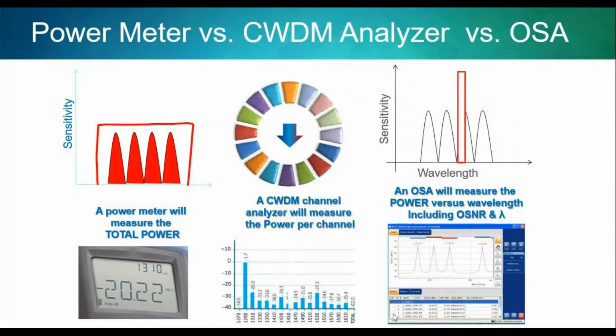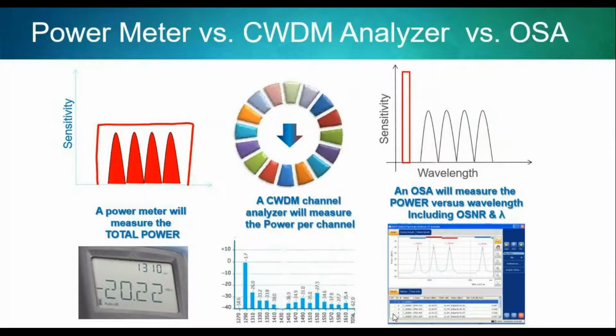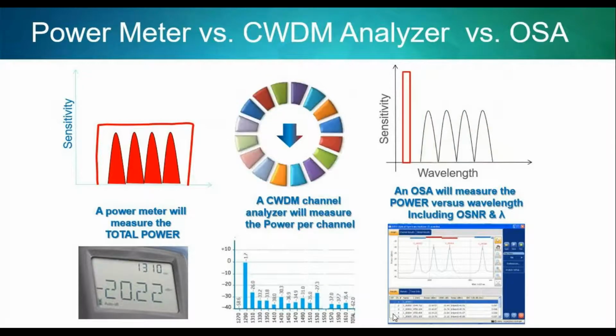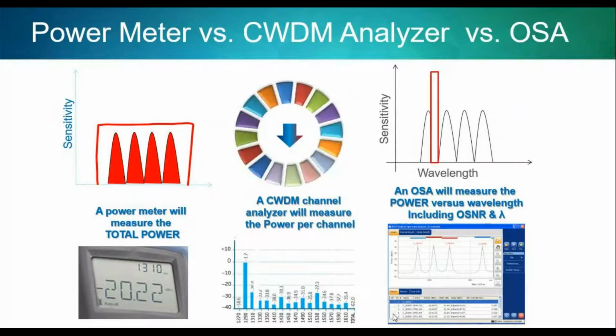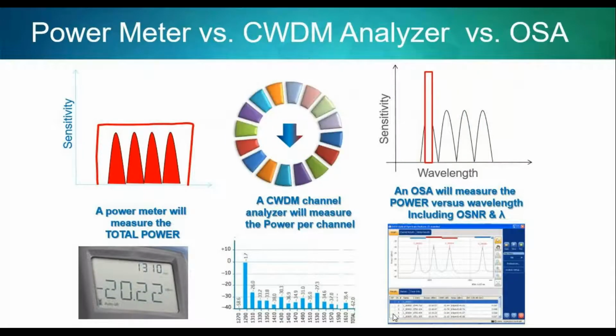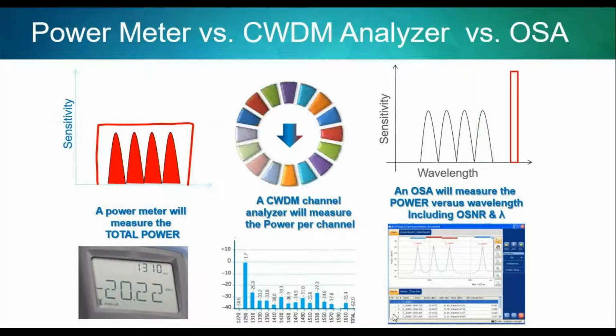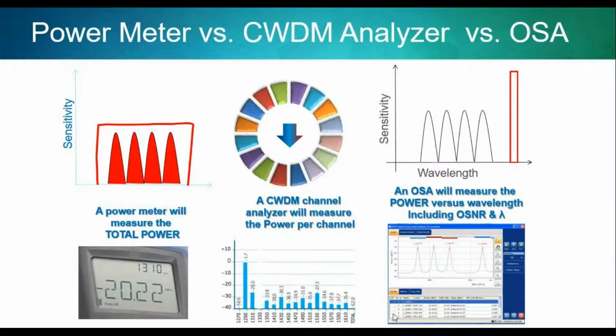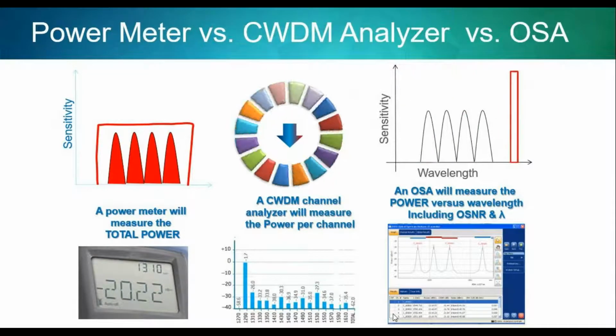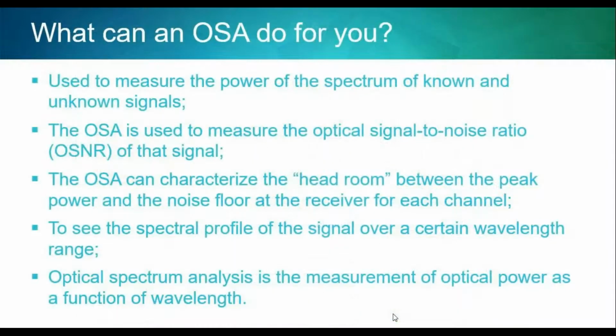All right. So we'll have a look at the different parameters and the different challenges that you need to consider in terms of the instrument. All right. So what can an OSA do? As we've mentioned, the OSA is basically a measurement of the optical power as a function of wavelength.